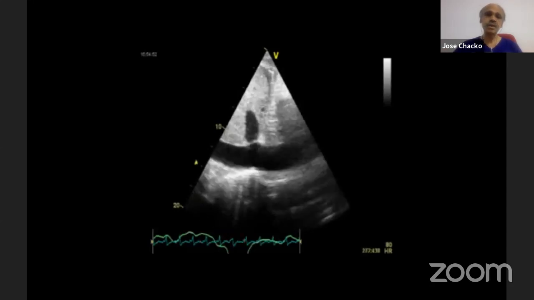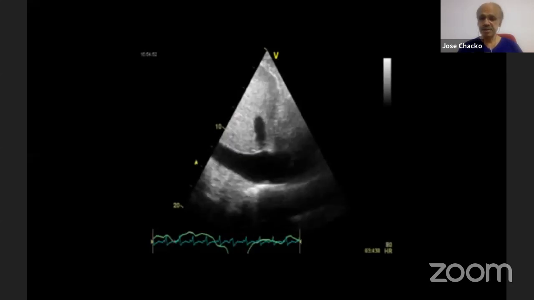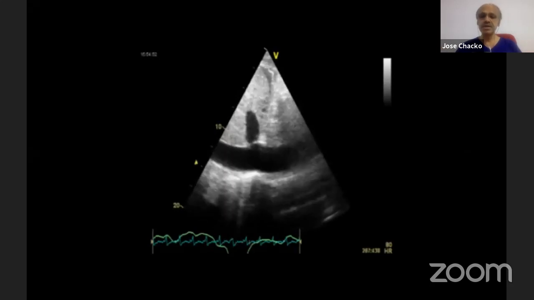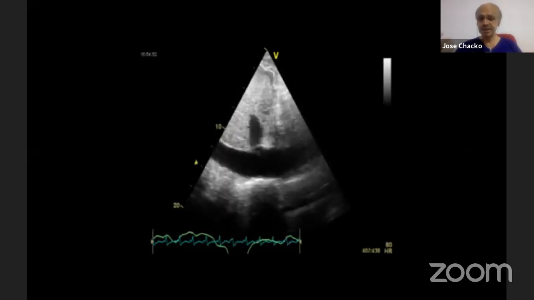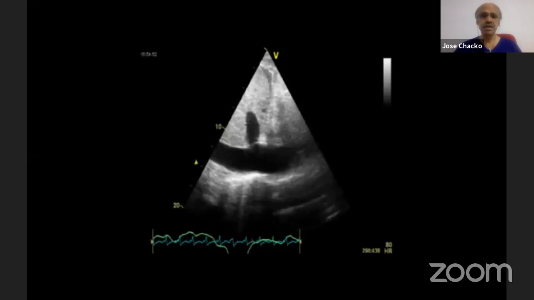variation. In spontaneously breathing patients, the IVC diameter variability may not be very sensitive, because in many spontaneously breathing patients like you and me, especially if they are making vigorous spontaneous efforts, the IVC will collapse. That doesn't necessarily mean they're hypovolemic.